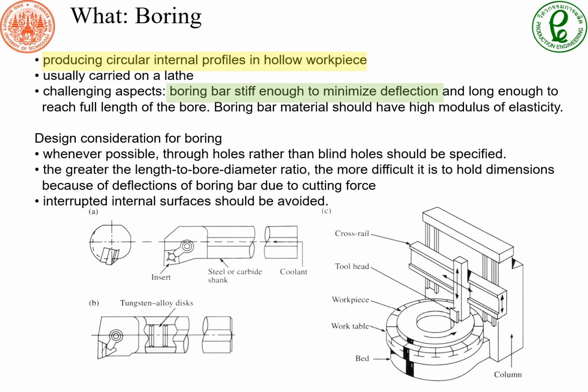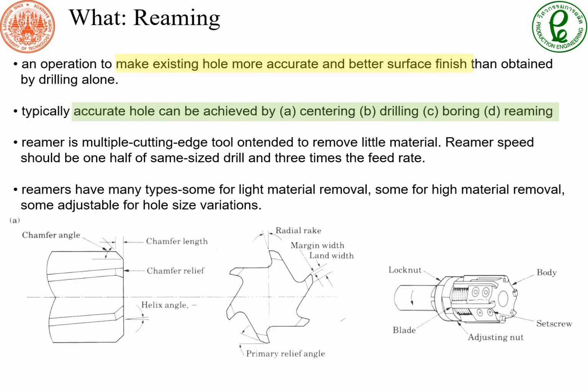Another variation of the turning process, done very similar to drilling, is called boring, where we try to create circular internal profiles of a hollow workpiece. So basically the boring tool uses small inserts, and we are machining the internal surface of the workpiece to create specific profiles.